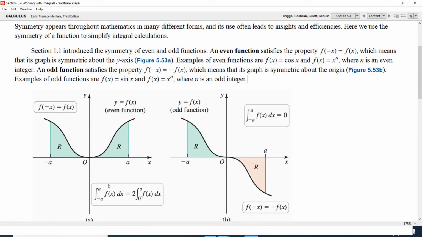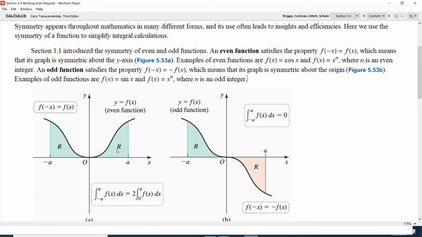Now, since it's an even function, notice that this definite integral gives you the area that's trapped between the function and the x-axis starting at negative a and ending at a. Notice that the area on this side of the graph is equal to the area on this side of the graph, and that's because it's an even function. It has this y-axis symmetry.